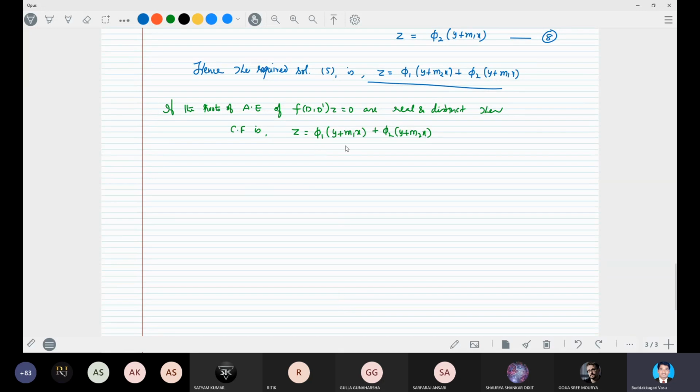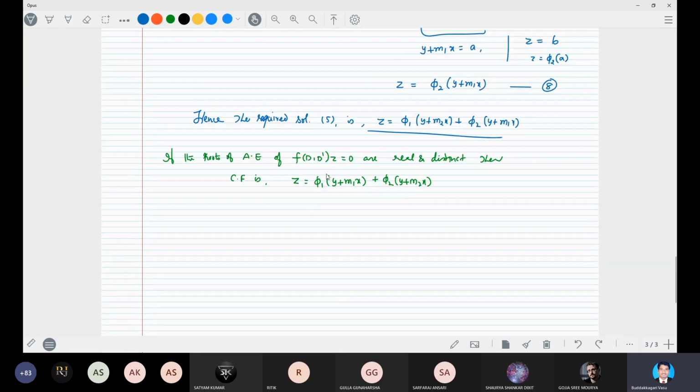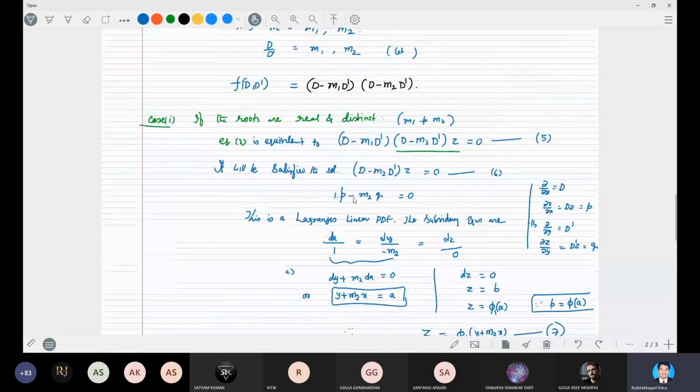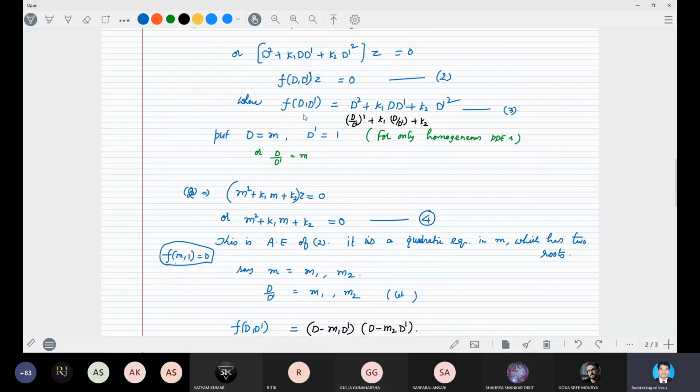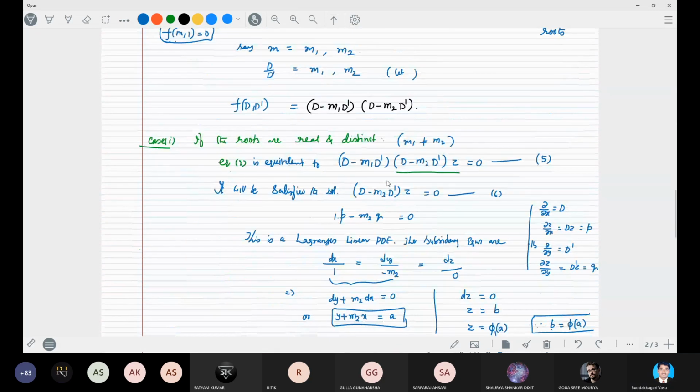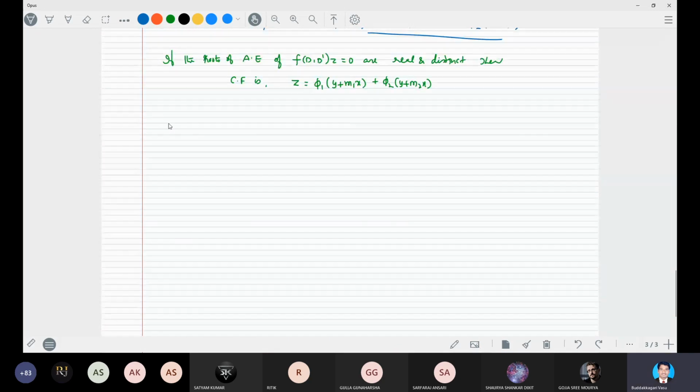I am just giving the particular solution obtained here for real and distinct roots of the auxiliary equation f of D, D dash, considering the second order homogeneous PDE. This is how we find the complementary function for homogeneous PDEs of order 2.